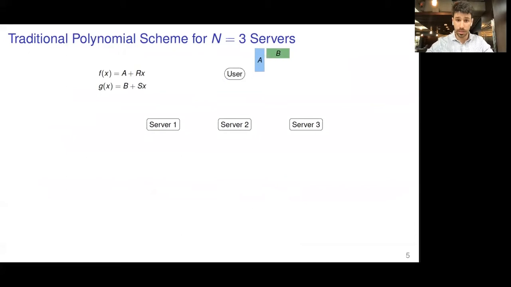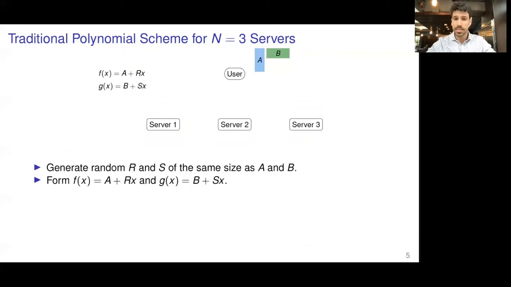A user has 2 matrices, A and B, and for now we are assuming the entries of these matrices are in the field F16. The user will generate 2 random matrices, R, the same size as A, and S, the same size as B. After that, the user will form 2 polynomials, F and G, and then select 3 evaluation points, beta 1, beta 2, and beta 3.